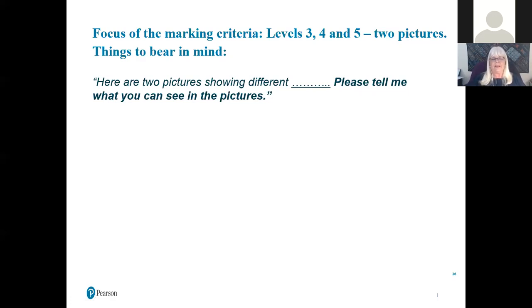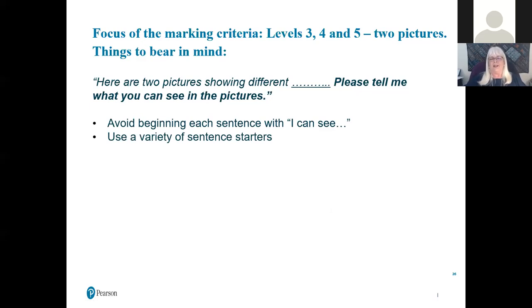Please tell me what you can see in the pictures. And that last part is pretty standard through several of the levels. But please tell your students to avoid beginning each sentence with I can see, I can see, I can see. At level 3, we want a more varied range of sentence starters.